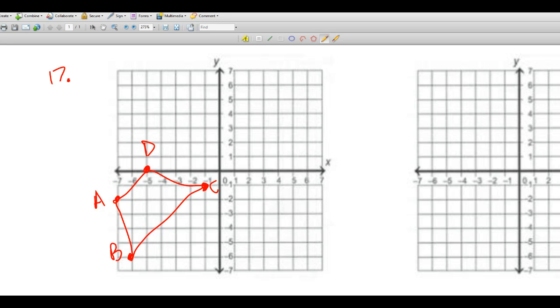So then we're going to rotate this 180 degrees. So the rule for 180 is that x, y will map onto opposite of x, opposite of y. So if A is at -7, -2, take the opposite of both of those, and you'd have 7, 2 for A prime.